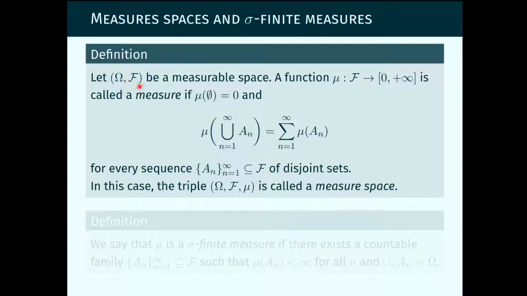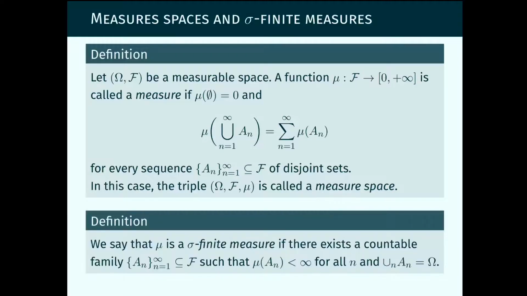Once we have a measurable space and a function mu that satisfy these two properties, we can call mu a measure on this measurable space. And now the triple omega, F, and mu is called a measure space. Now, some convenient terminology.